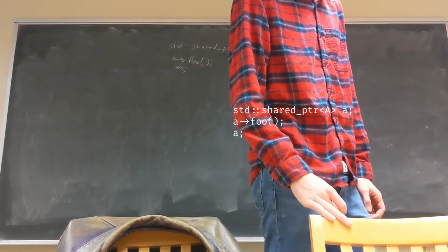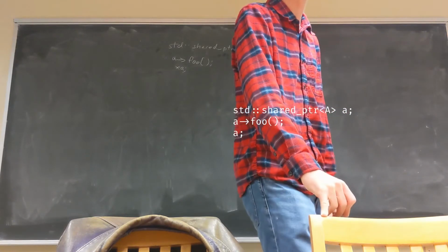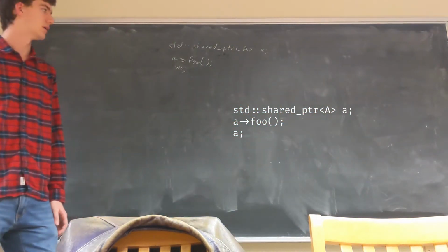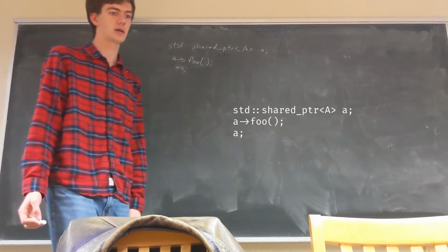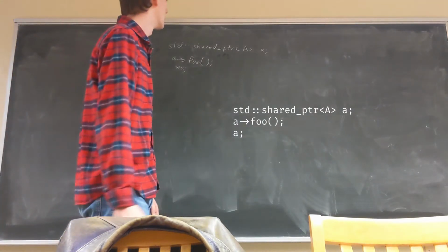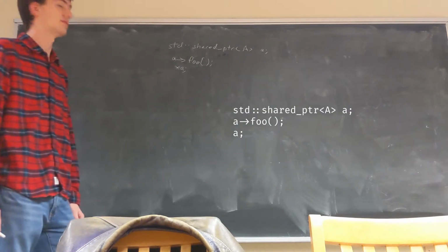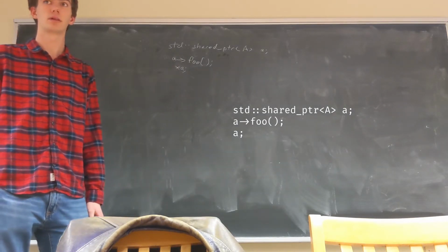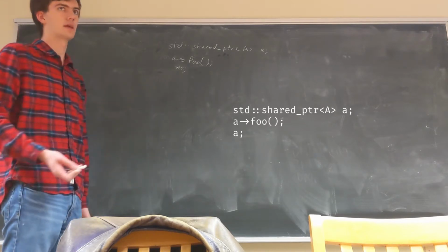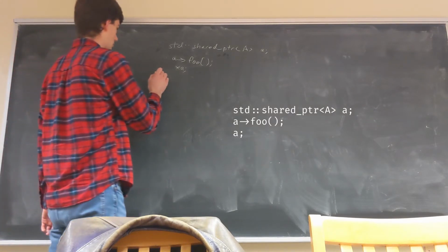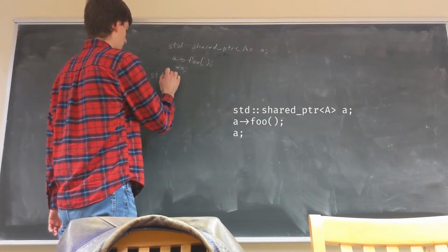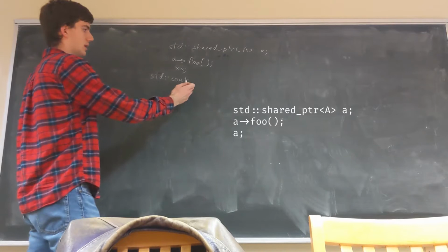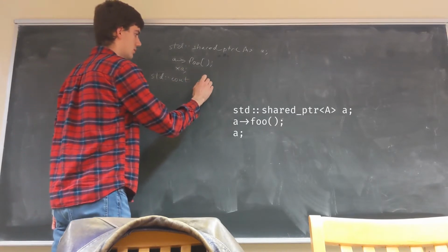Another reason it's commonly used, as opposed to trying to imitate a built-in type, is just to make syntax a lot simpler and cleaner. So one very prominent example is if you've ever written anything to standard output in C++, not using the C APIs, but using the C++ APIs, you're probably familiar with something like this. So cout is the console output stream.